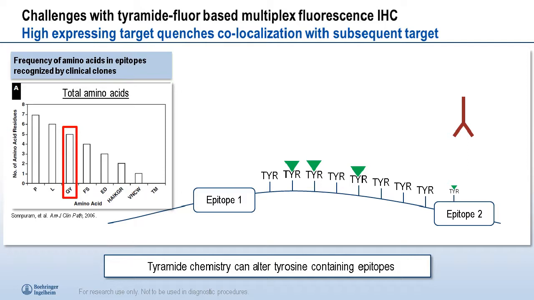And when they looked at the frequency of different amino acids occurring in these epitopes, what they found was that the third most common amino acid was a tie between glutamine and tyrosine. So this does happen, and we do see this happen, and I'll show you some examples where this may be happening. So while there are some challenges with tyramide chemistry, that's not to say that they're insurmountable.